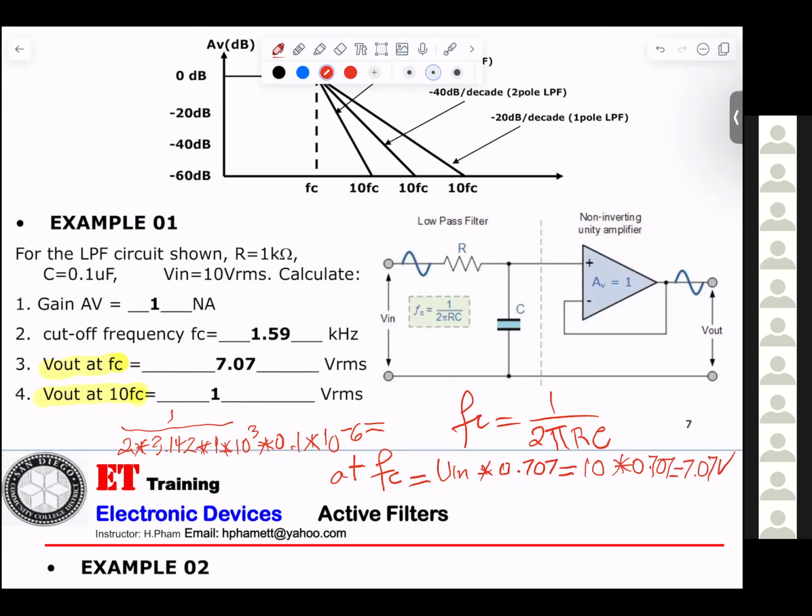And calculate for me number 4 at 10 FC. It equals V in times what?